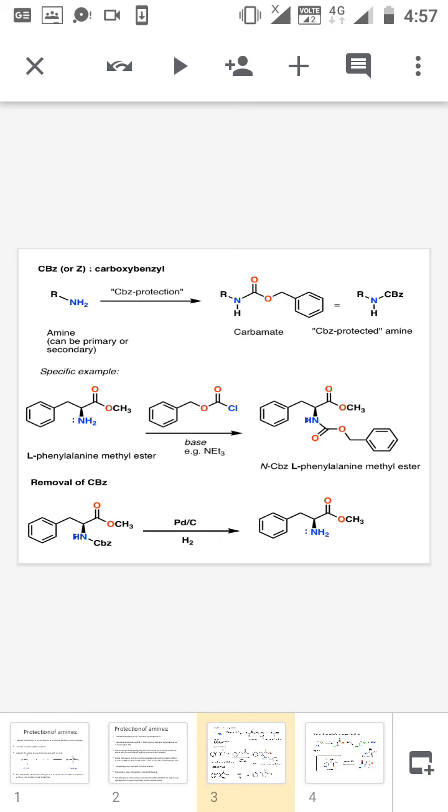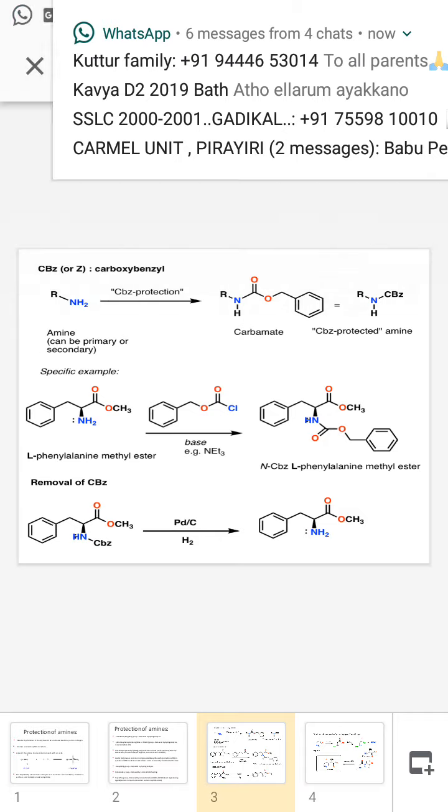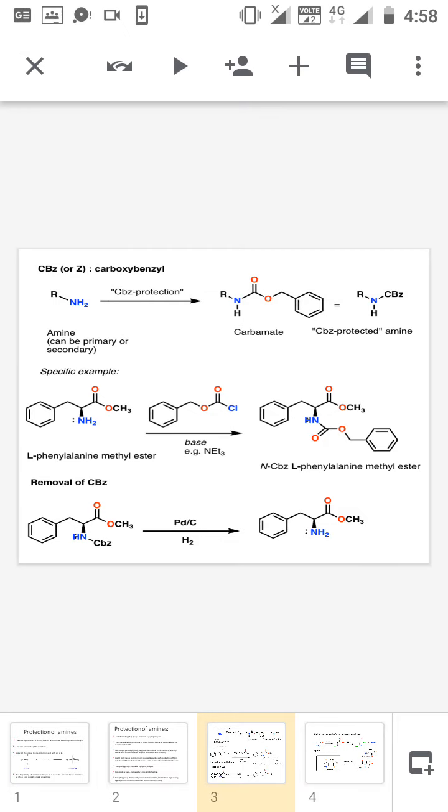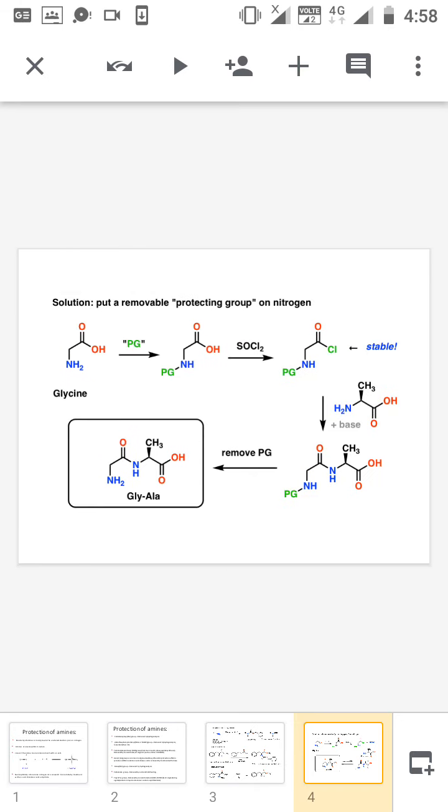After the desired reaction, we can deprotect this group by using Pd/C in the presence of hydrogen. So in the final reaction we can see that the appropriate reaction occurs and we can regenerate the amine after the desired reaction.